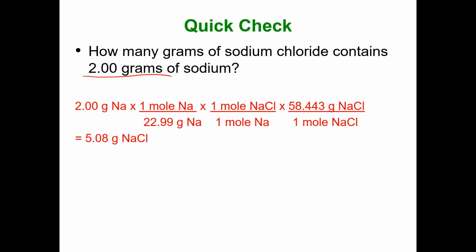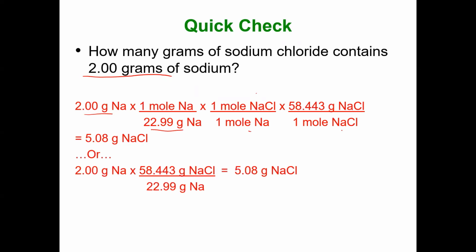I could say, well, 2 grams of sodium, there's 23 grams per 1 mole, and then 1 mole of sodium, there's 1 mole of sodium chloride, because we just talked about mole ratios. And then 1 mole of sodium chloride is 58.45 grams.